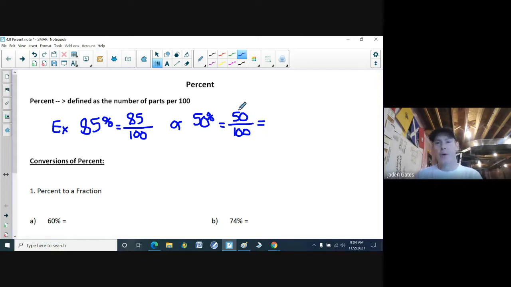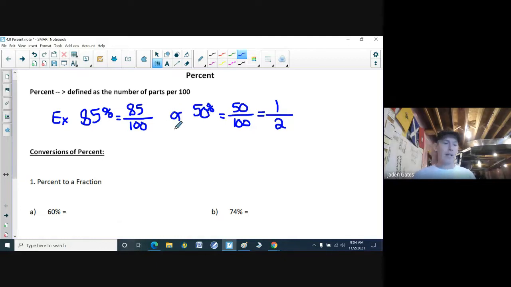If I divide both the numerator and the denominator by 50, well, 50 divided by 50 is 1, and 100 divided by 50 is 2. And so 50%, essentially, you're saying, I got half of them. So percent and fractions definitely are related.